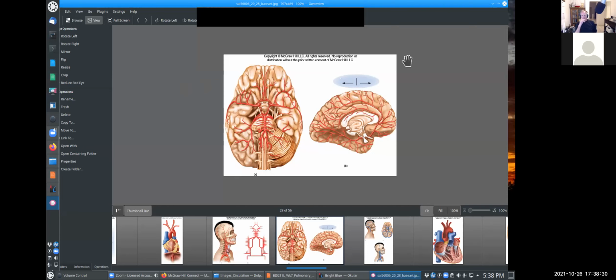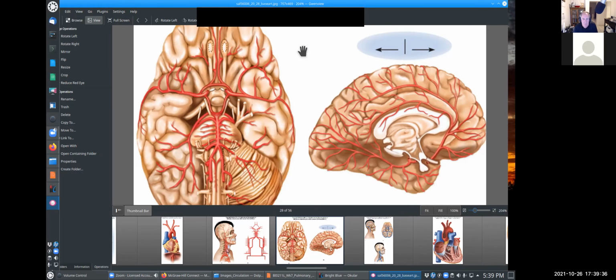So let's start here on the head. We did just briefly go over the cerebral circulation, and this is going to be on the model. There's essentially three main vessels to think about.